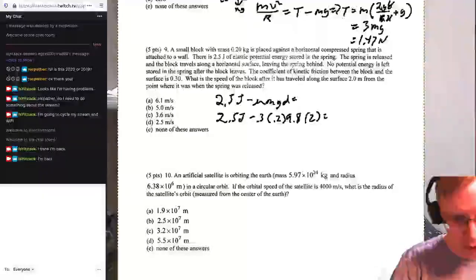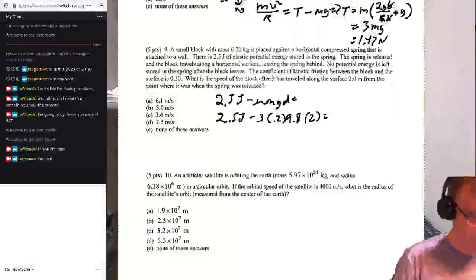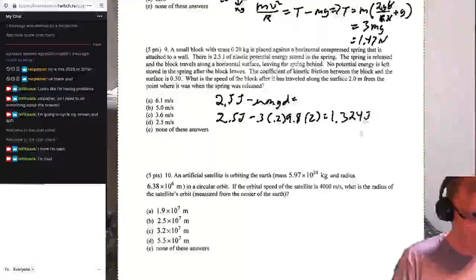That is 2.5 minus 0.3 times 0.2 times 9.8 times 2, a positive value of 1.324 joules, equal to 1/2 mv².